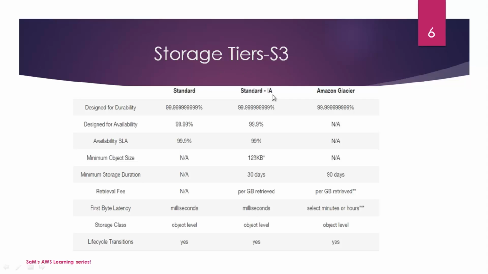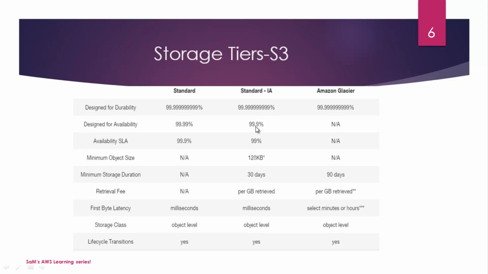And talking about S3 standard IA, or infrequently accessed, it has the same 11 nines durability, and availability might be reduced. It's just 99.9%. That's the guarantee from Amazon.